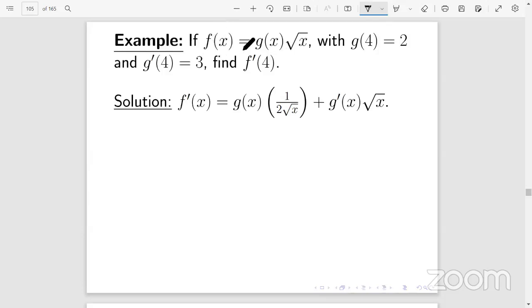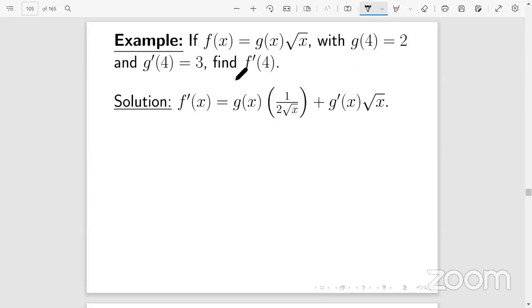Remember we keep one of the functions constant. It doesn't matter which one you keep constant first. So we kept g of x constant, then differentiating square root x, we get 1 over 2 root x. Now we can keep the square root x constant, differentiating g. We don't know what g is, so we're just going to write it as g prime.